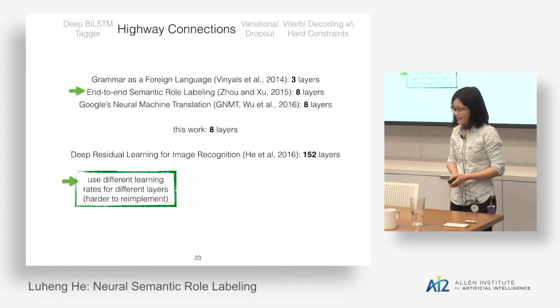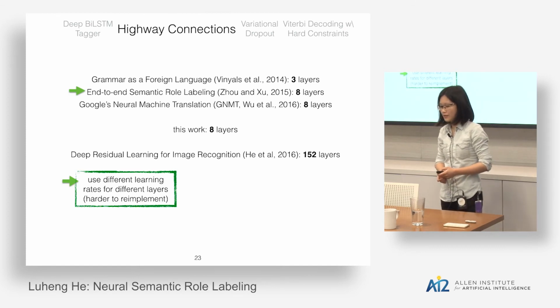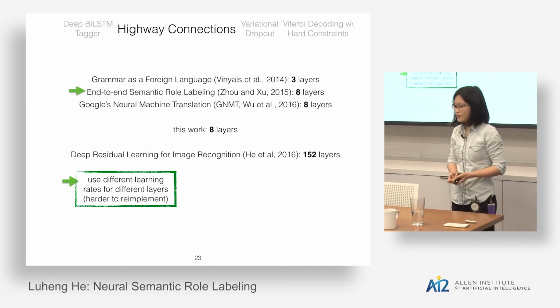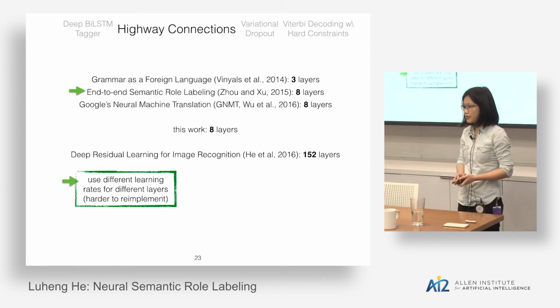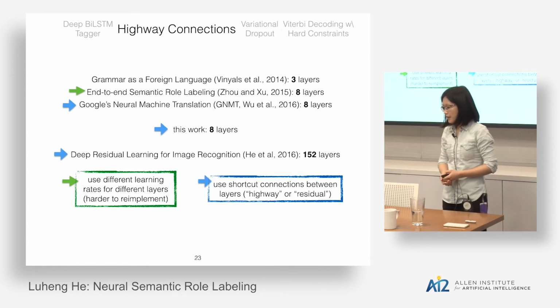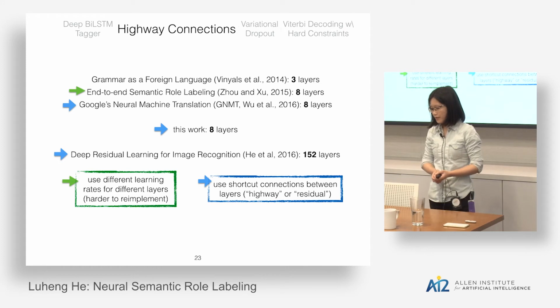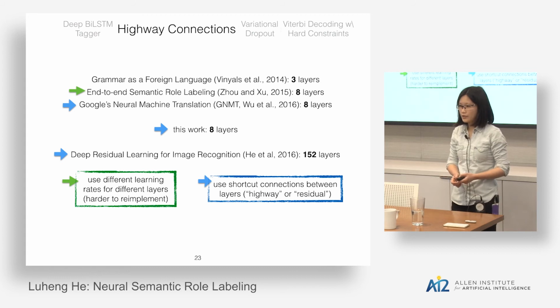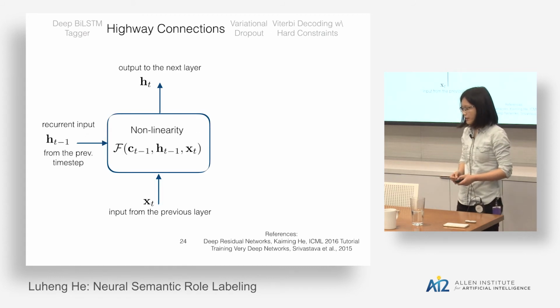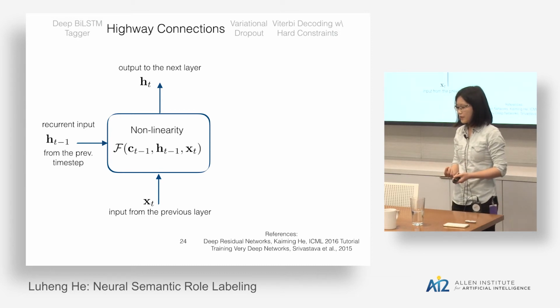Previous work had tried to cope with this problem with different methods. For example, Zhou and Xu use different learning rates for different layers, like bigger learning rates for bottom layers. And the other work, including ours, used some sort of shortcut connections between layers. They're called highway or residual connections. So this is how it works. Here's a cartoon version of a BiLSTM block. It reads input xt from the previous layer and ht-1 from the previous time step, and outputs ht to the next layer and also the next time step.